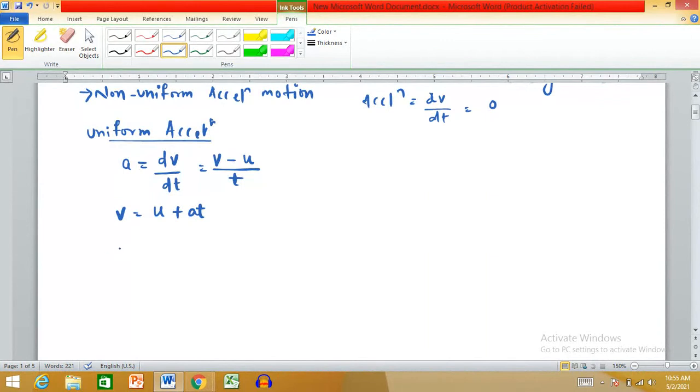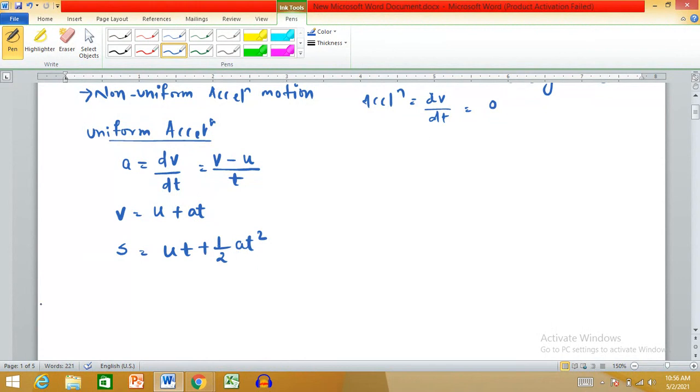Then the second equation of motion, s is equal to ut plus half at square. Here s is the displacement, u is again the initial velocity, t is the time required, and a is the acceleration.